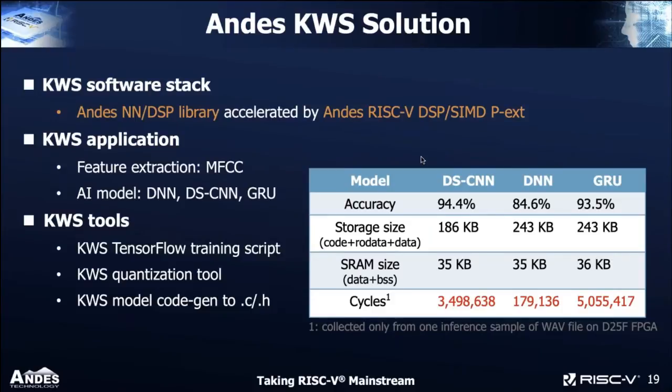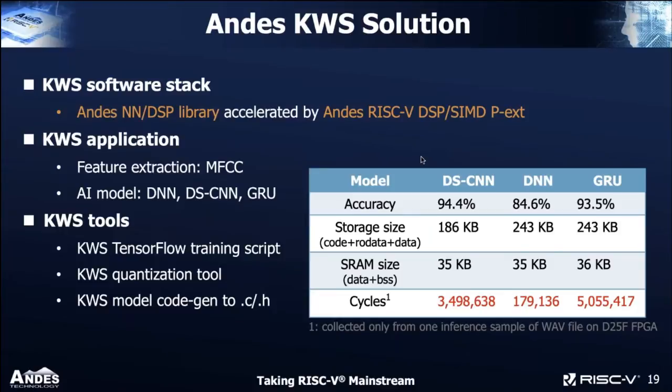Looking at multiple algorithms, DSCNN, DNN, GRU, we get better than 85% to 95% accuracy with varying instruction and data storage limits. Collecting some of the algorithms, DSCNN takes about 3.5 million cycles.